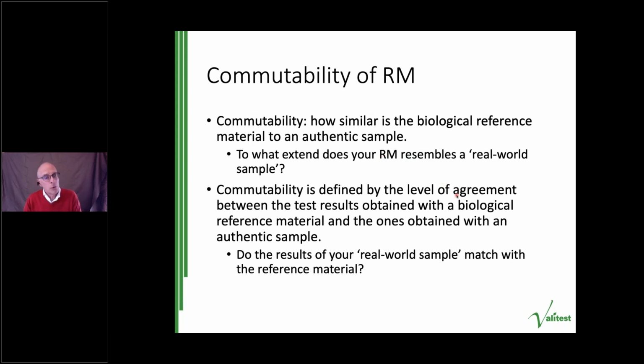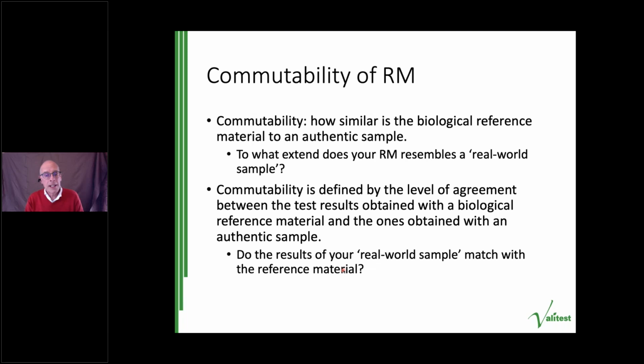And in terms of the test, it's defined by the level of agreement between the test result obtained with your biological reference material and the results that are obtained with an authentic sample, right? So in other words, do the results of your real-world sample match with that of your reference material?